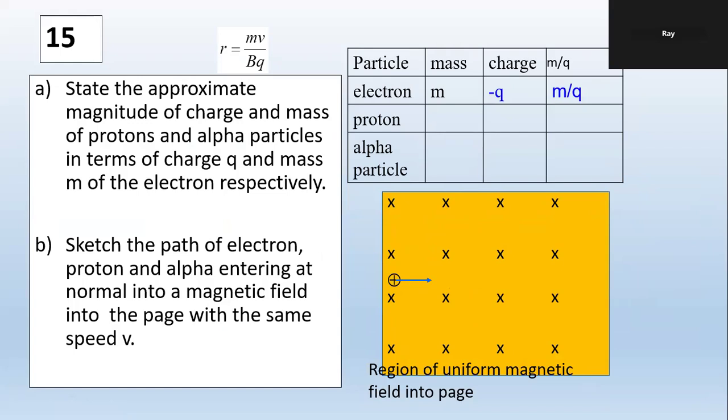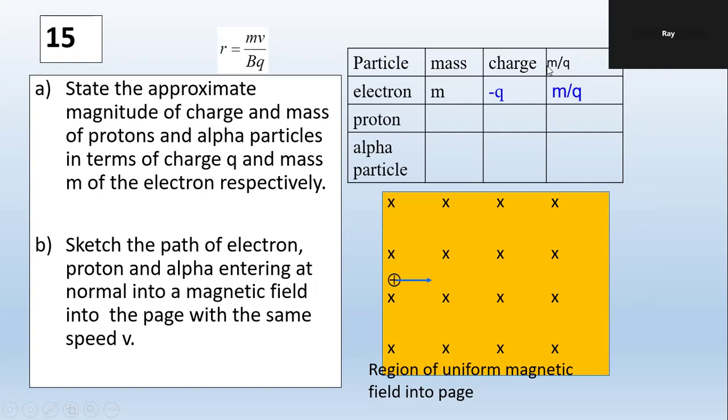State the appropriate magnitude of charge and mass of proton and alpha particle in terms of the charge and mass of an electron, respectively. You have given electron mass m, charge minus q, specific charge m over q.